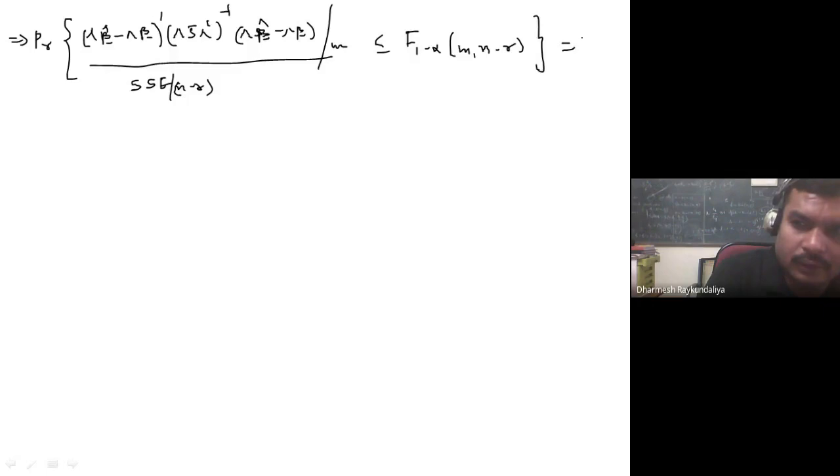But what is this? It is the 1 minus alpha. So if I take this SSE N minus R over here, we know what the estimate of sigma square is.